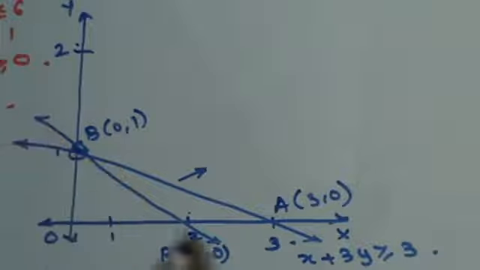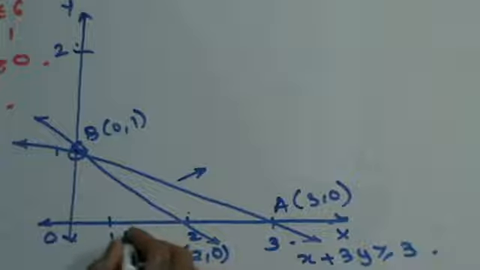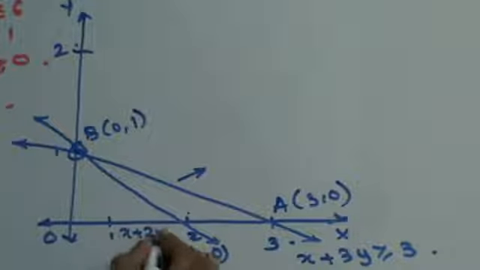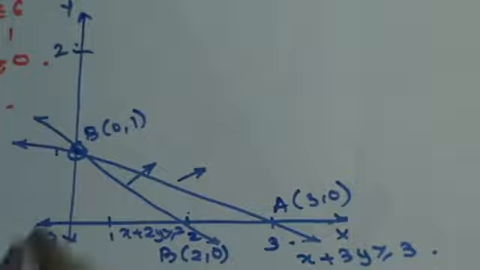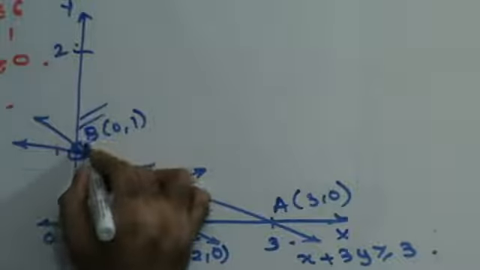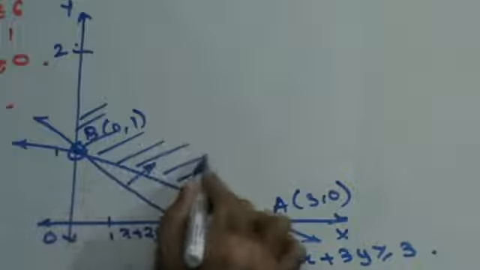This is going to be that line. This line is going to be x plus 2y is greater than 2. Greater than 2 means it has to be ahead of this line. In both the cases, it's going to be ahead of the line. So your feasibility region is going to be this region that is going to be ahead of this line.